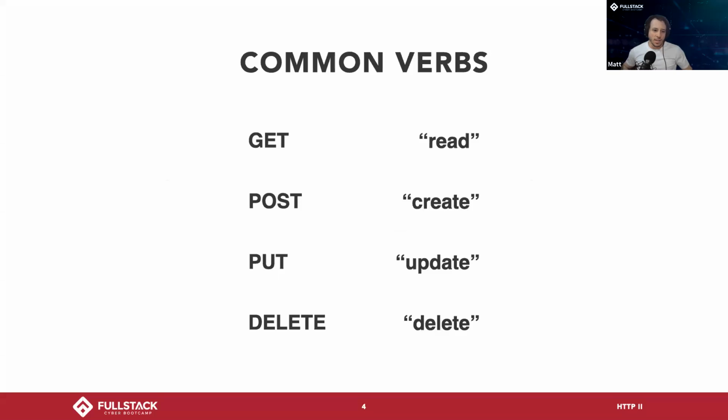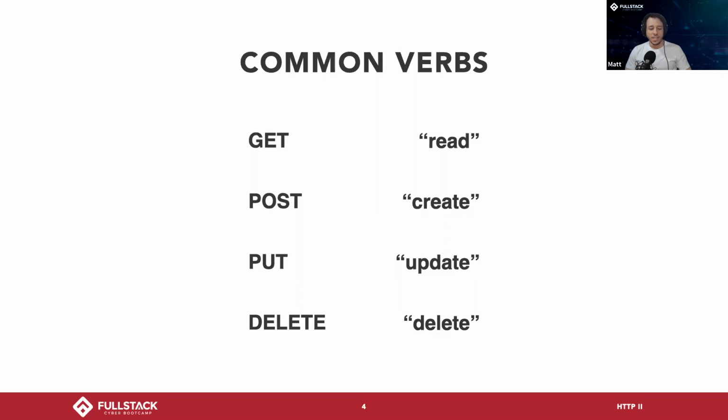Okay. The other thing I want to show you about HTTP is there's verbs. So when I make a request, there are different kinds of requests I can make. The most common ones, the ones that I need you to know, are GET, POST, PUT, and DELETE. There are more, right? HTTP is a whole protocol, and there are different verbs in it.